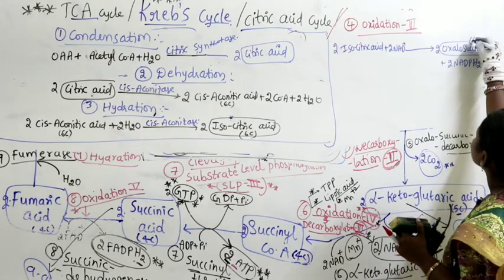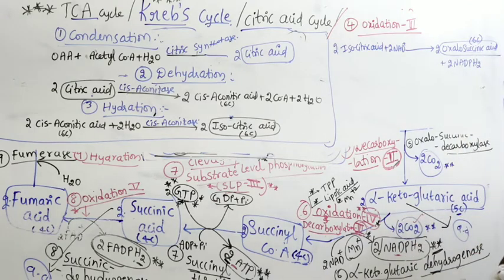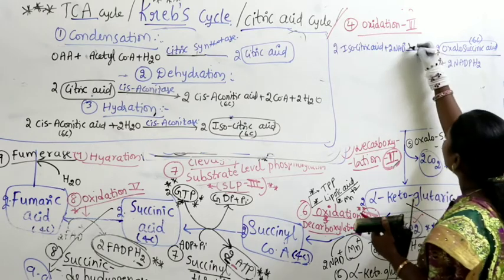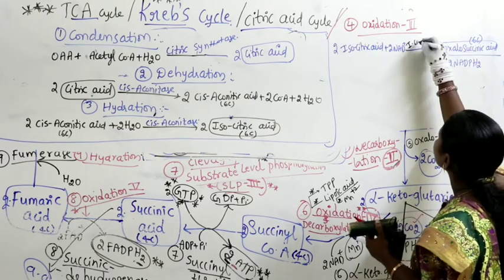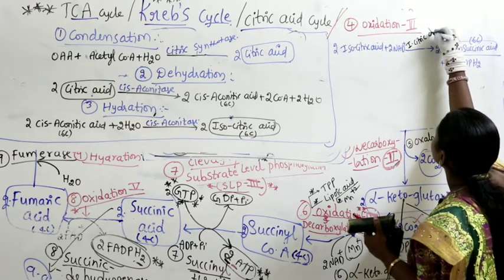Up to here 6 carbons. So what is the name of the enzyme which we have to write here? The name of the enzyme is isocitric dehydrogenase.